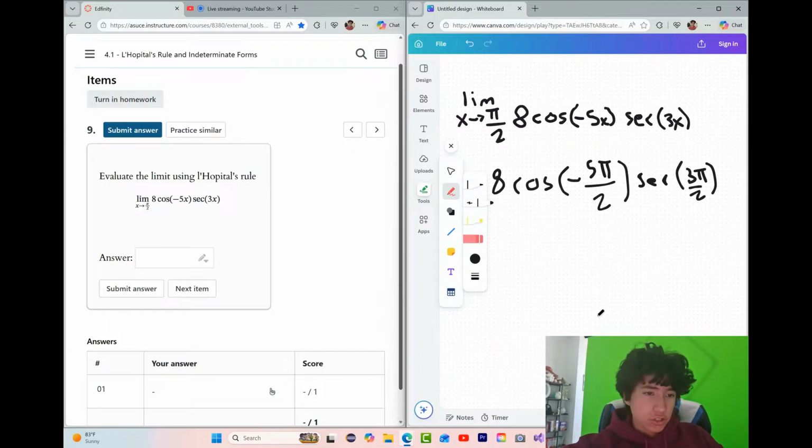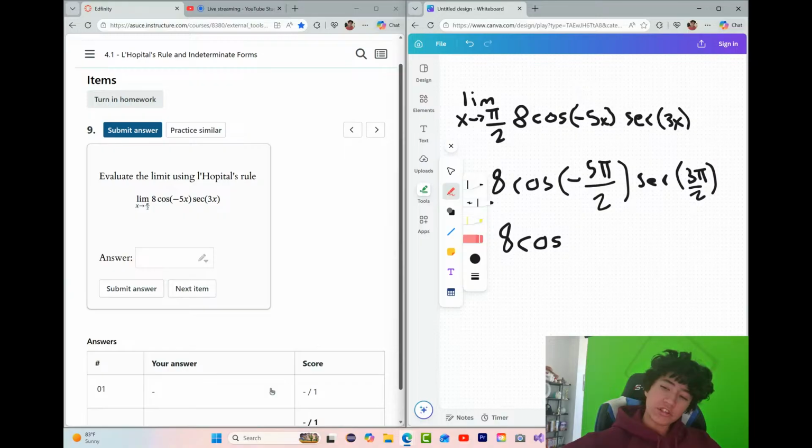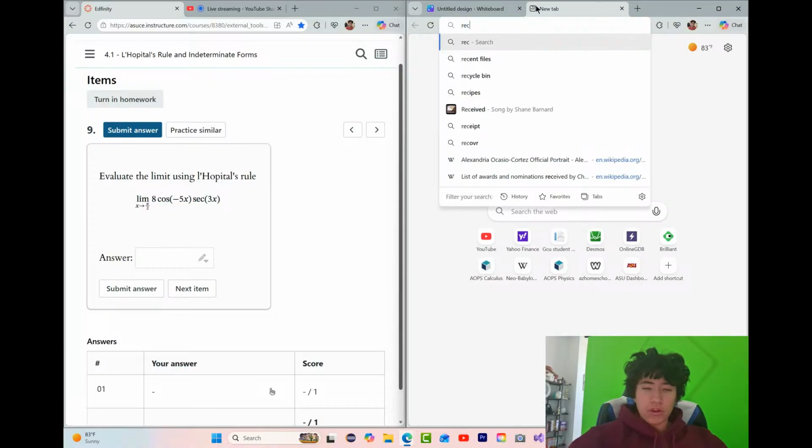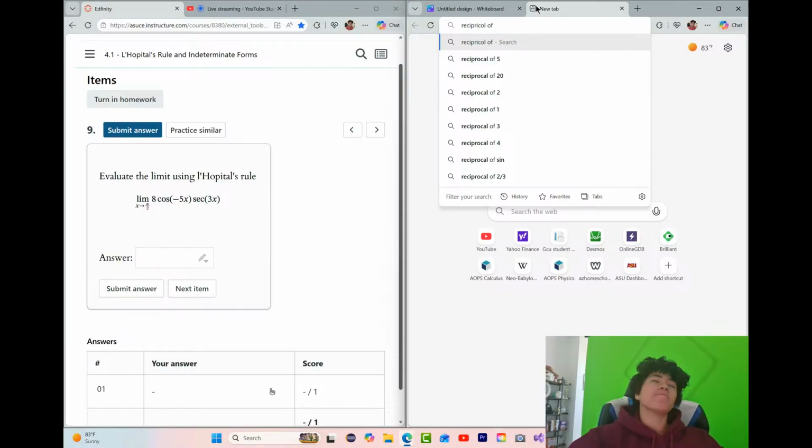So let's try to get this into a quotient. Since this is a product, let's reciprocate one of our terms. We have 8 here. What if we reciprocate cosine? Oh, no, let's reciprocate secant. Is the reciprocal of secant 1 over cosine? Wait, hold on.